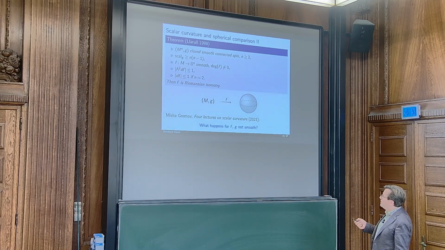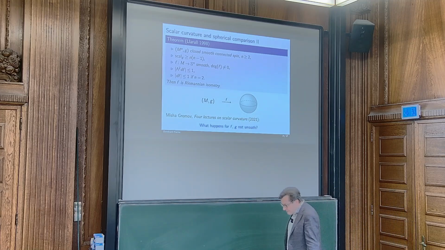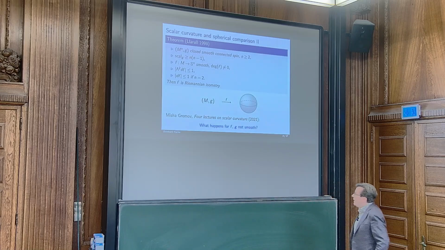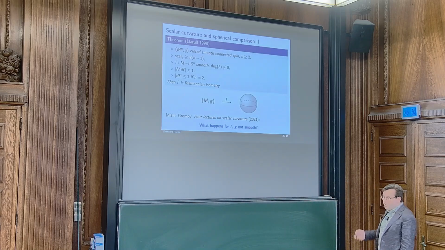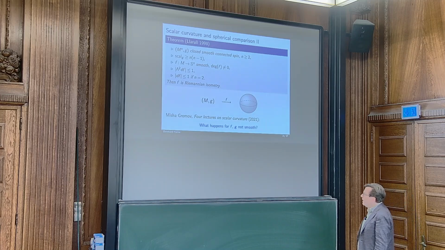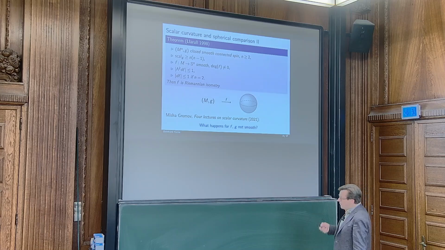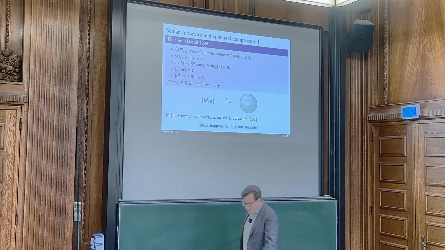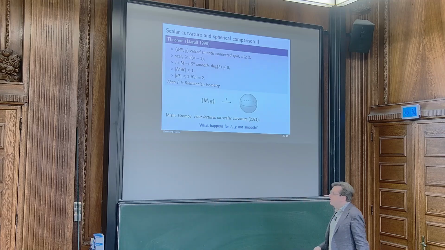And also the metric G, which is assumed to be smooth here, maybe it is possible that we can work under lower regularity conditions for the metric G. And this is the theme of my talk today. I will show you how these 2 quantities can be assumed to be less regular than being smooth.